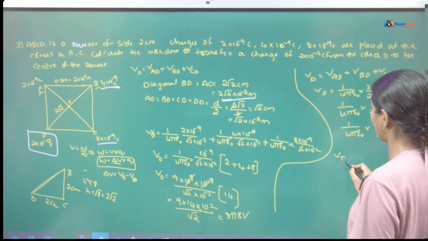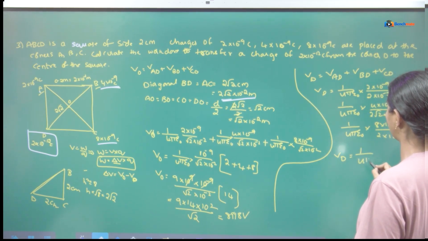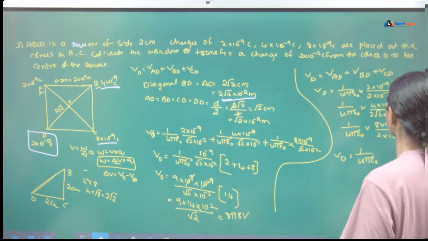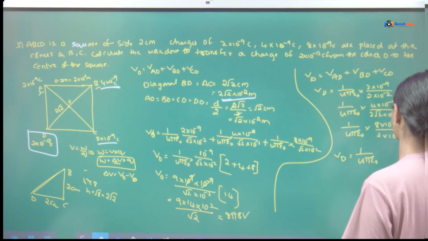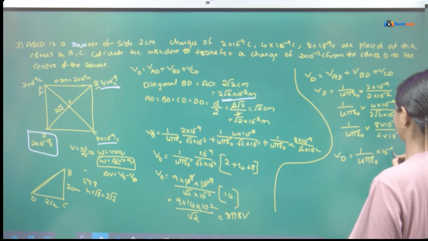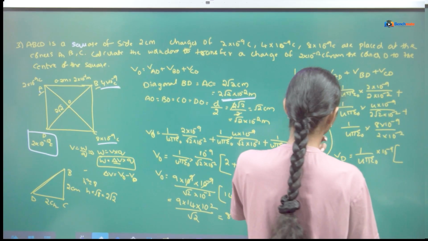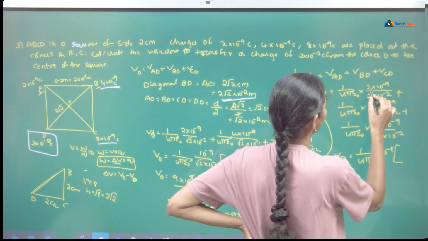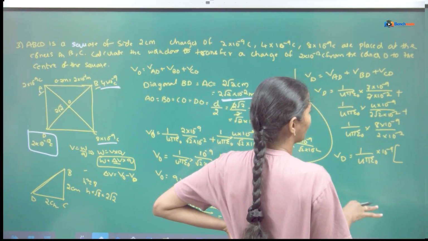So now which things are common? 1 by 4 pi epsilon naught is common, that's it. 10 power 9 is common. After that, what is left in the denominator? Here 2 gets cancelled, 10 power minus 2 is left.